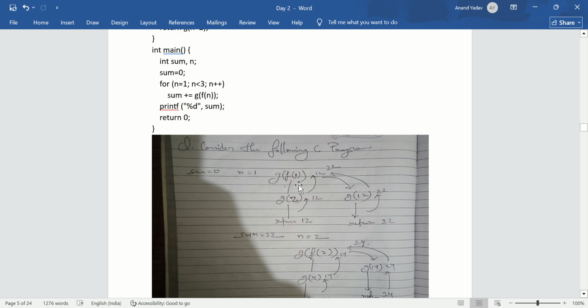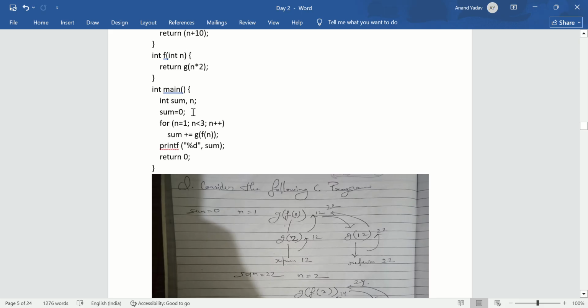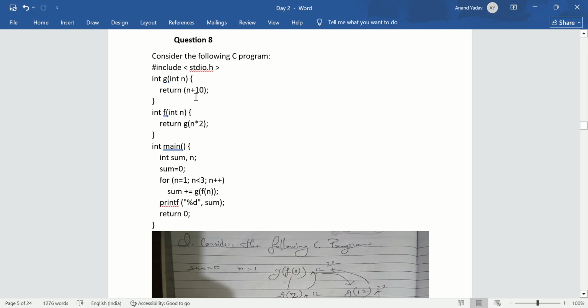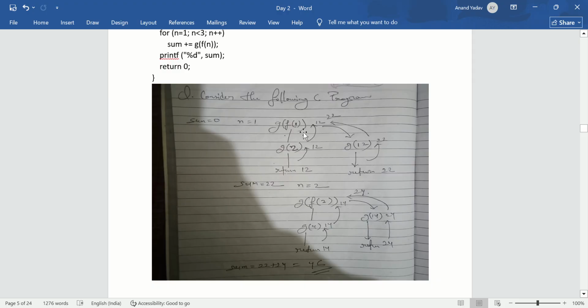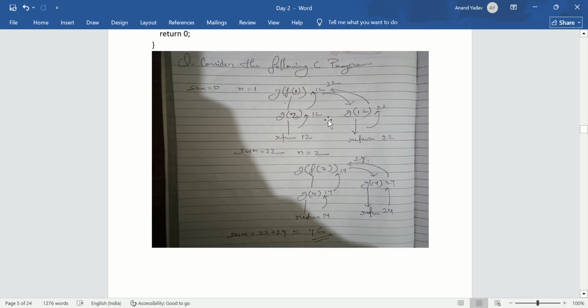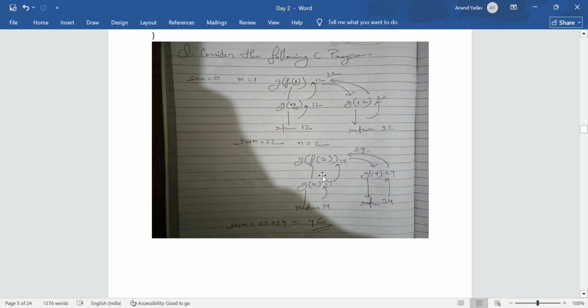I calculated 0, F is equal to 1. First N is equal to 1, then it will give 2, and then Z is calculated to 10 plus 2, 12, therefore return 12, and then it goes for Z 12, it will return 22, and then sum will be 22, and then go for N is equal to 2.